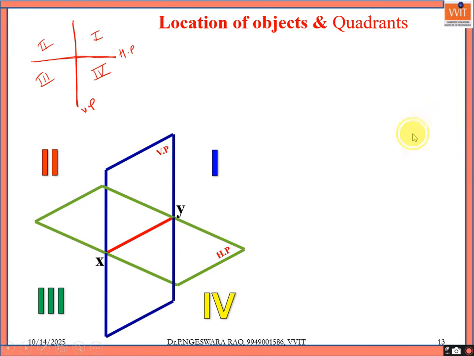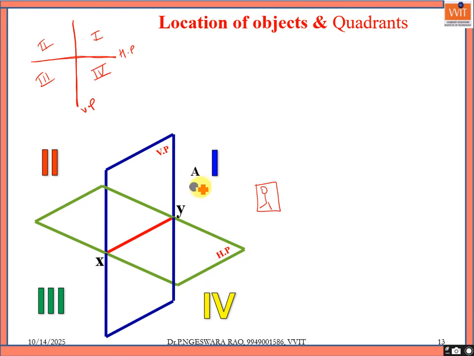Let us see. By visual observation, we are assuming that the observer will always be on this side, and the vertical plane and horizontal plane are transparent, so even if the object lies in the second, third or other quadrants, we are able to see it, because the planes are transparent.